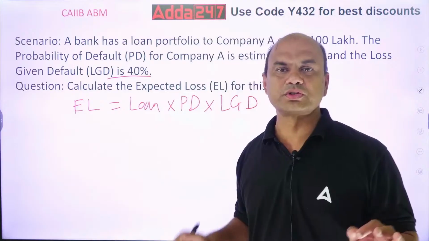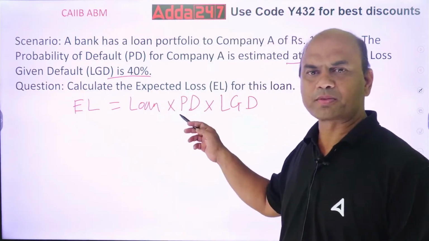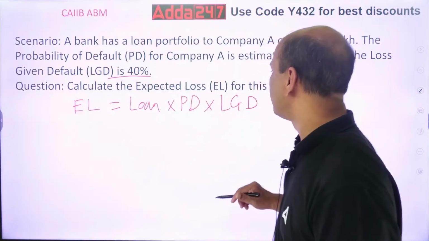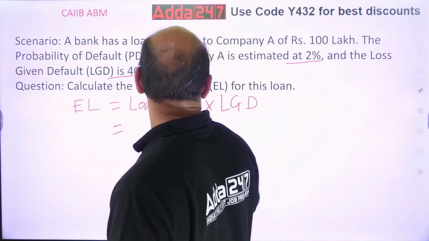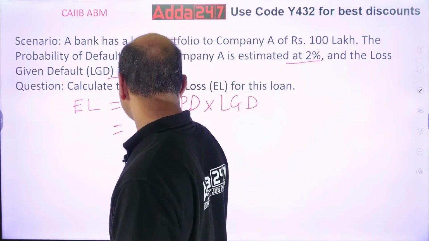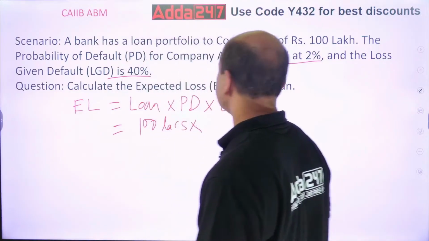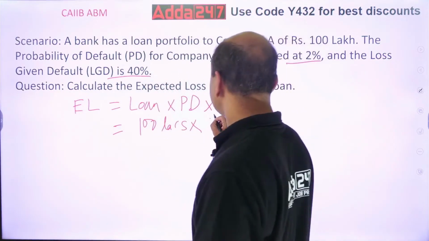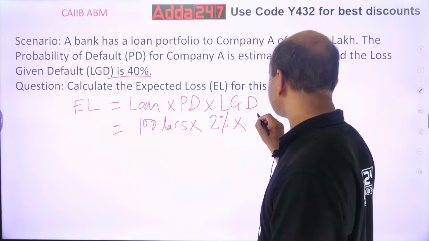So simple. Loan multiplied by probability of default multiplied by LGD. So that is equal to what? Loan is 100 lakhs. 100 lakhs into probability of default, which is 2%, into 40%.